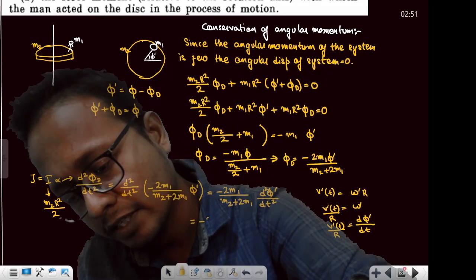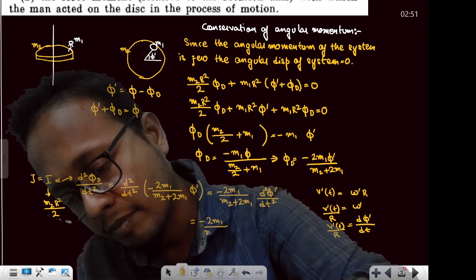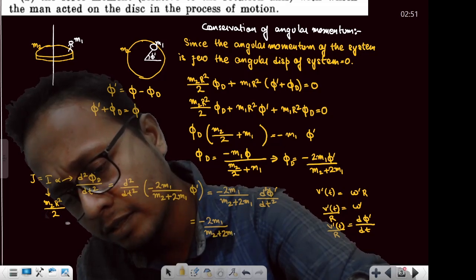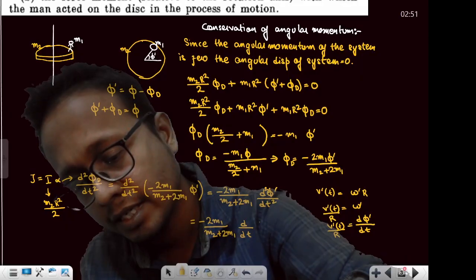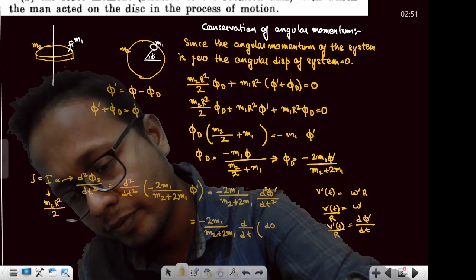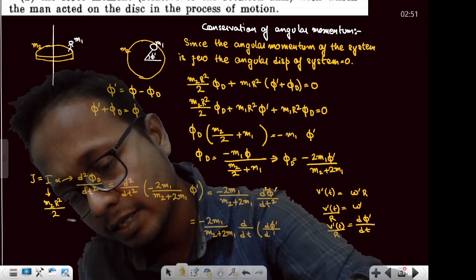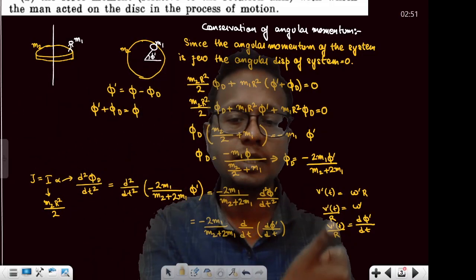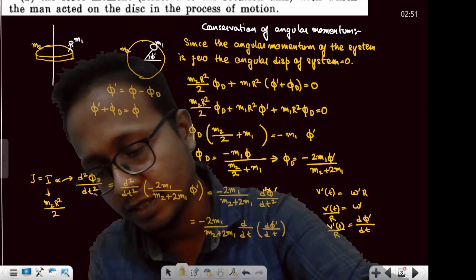So this is nothing but minus 2m1 divided by m2 plus 2m1 into d by dt into d phi dash by dt. And what is d phi dash by dt? It is v dash t by r, that is given in the question.